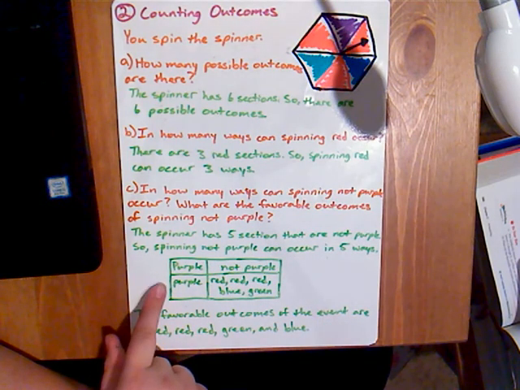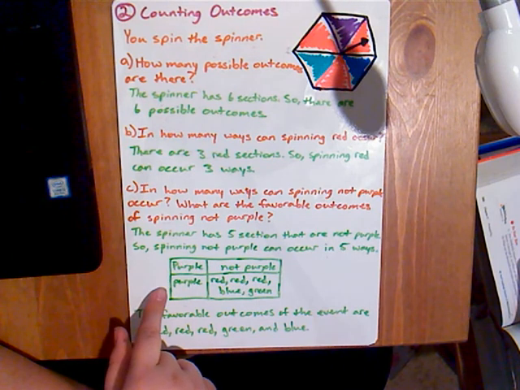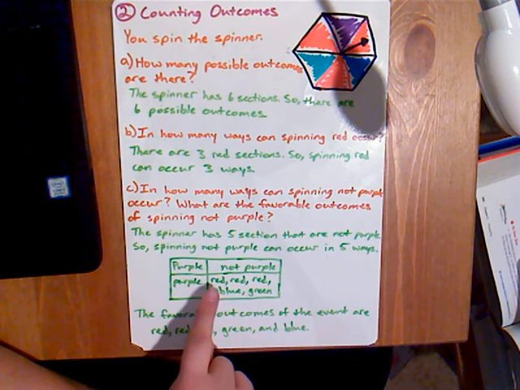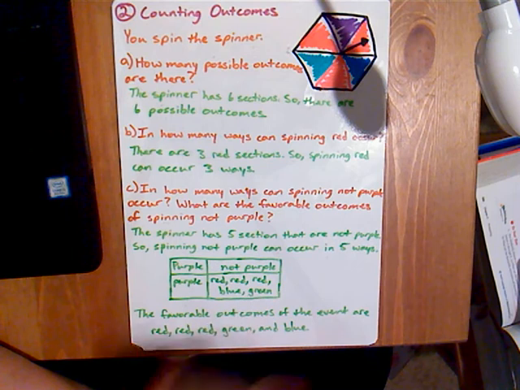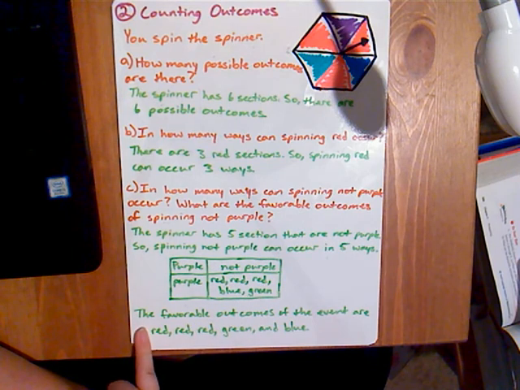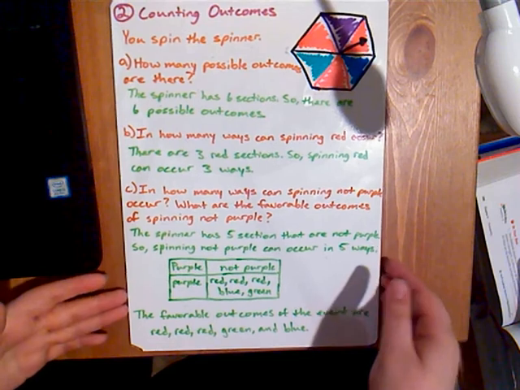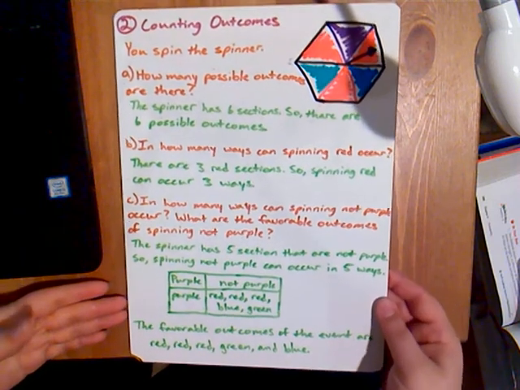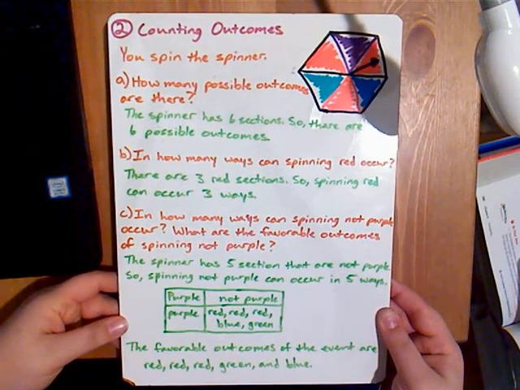The purple one is purple, of course, and the not purple ones are red, red, red, blue, and green. So our favorable outcomes of the event of not spinning purple are red, red, red, green, and blue. So that is counting and identifying outcomes with probability.